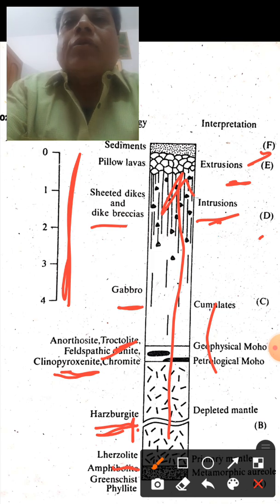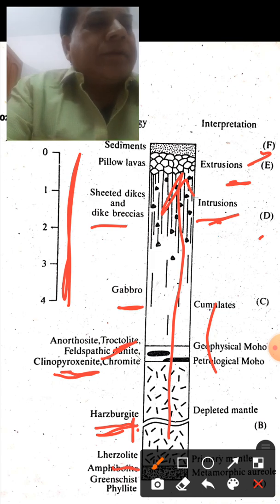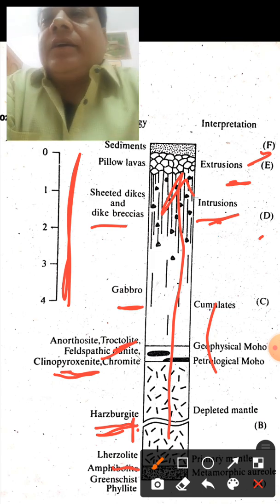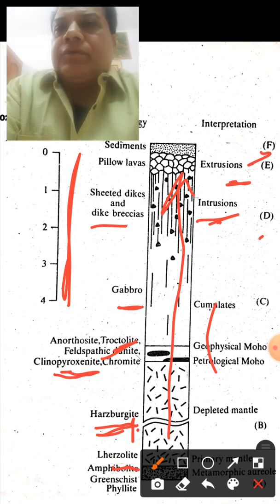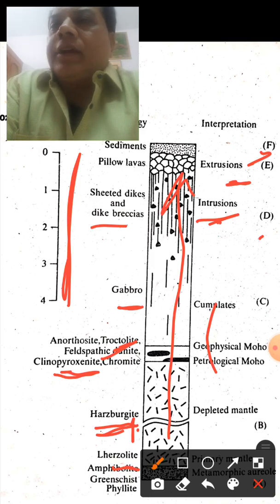You can see worldwide examples. The first is in the Bay of Islands, Newfoundland. This is the diagram of that particular place, the Bay of Islands Ophiolite, Newfoundland.